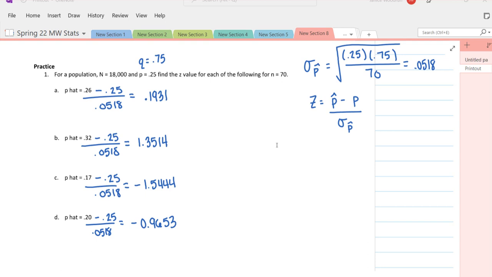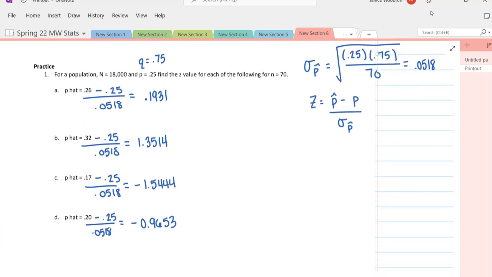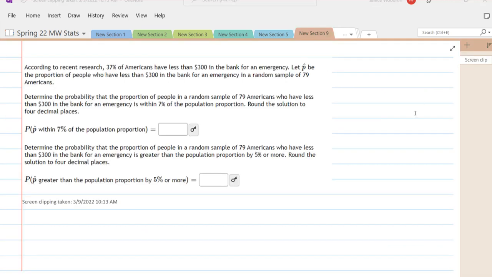Okay. This next practice is really for preparing for the test, so I wanted to leave that, but let me see if I can find anything on your homework. Okay, so here's one we can do. According to recent research, 37% of Americans have less than $300 in the bank for an emergency. Let p hat be the proportion of people who have less than $300 in the bank for an emergency in a random sample of 79 Americans.